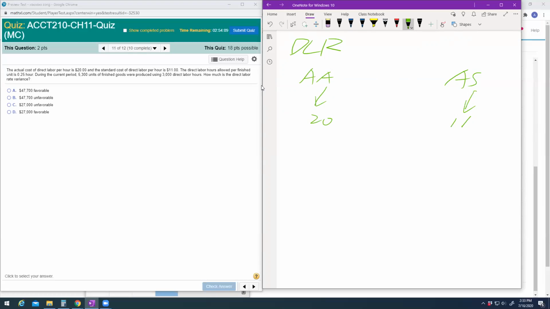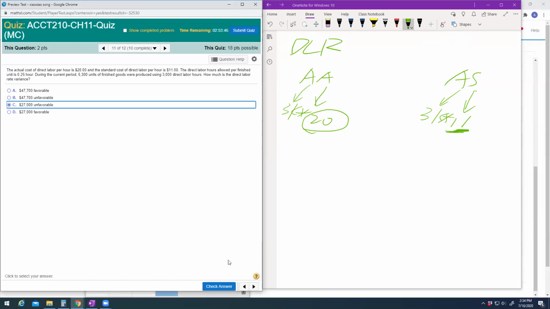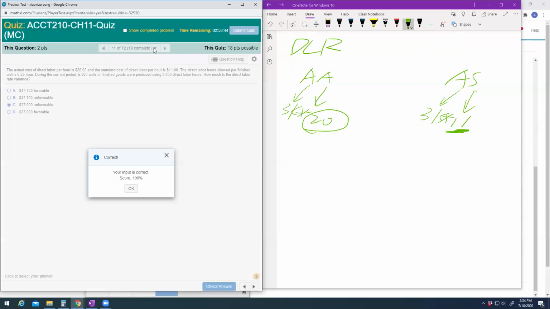You actually used 3,000 hours. Actual is higher than the standard. Standard said just to pay them 11, but you had to pay them 20. So you definitely have an unfavorable variance, and 3,000 times 9 is 27,000 unfavorable. That will be your rate variance.